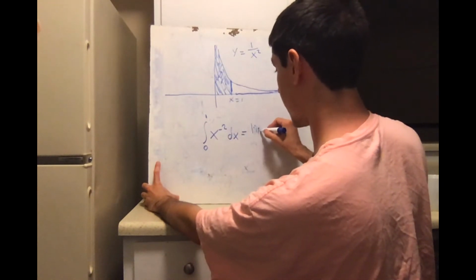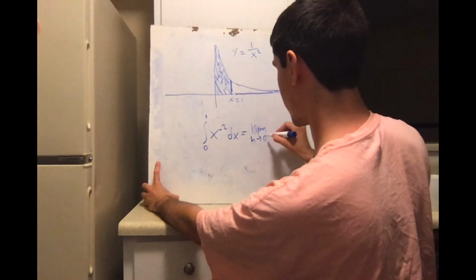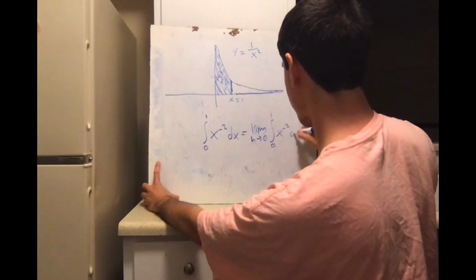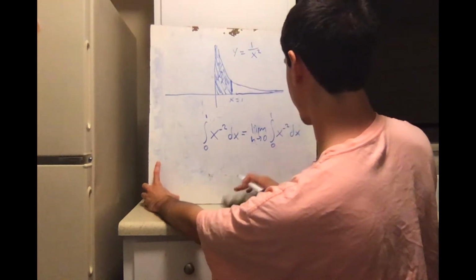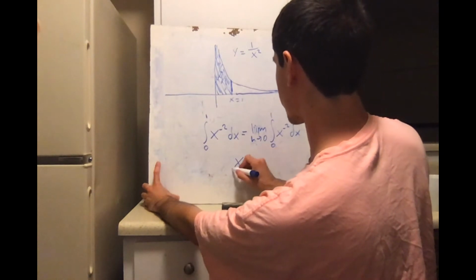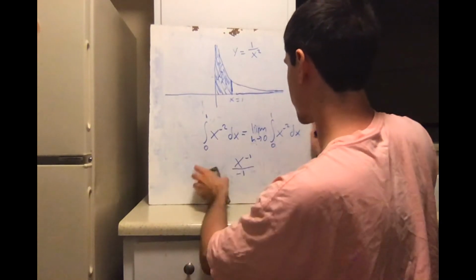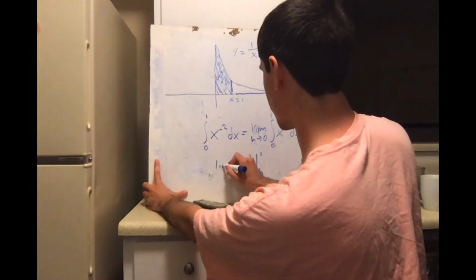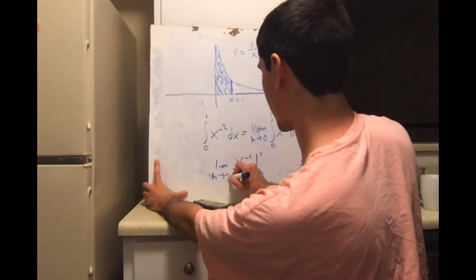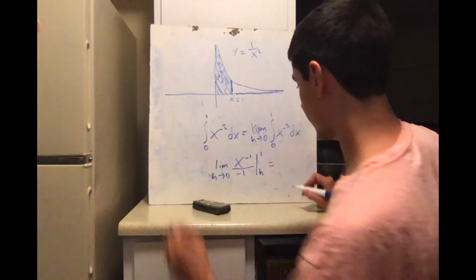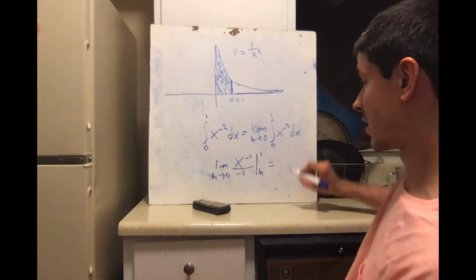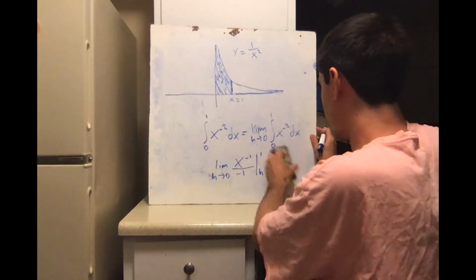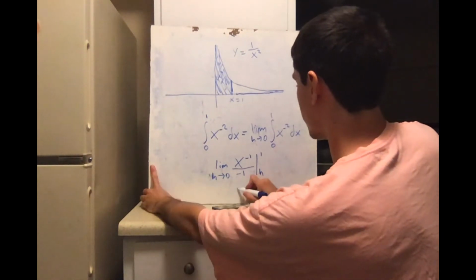This is going to be the limit as h approaches 0 of the integral from h to 1 of x to the minus 2 dx, and this is going to be, again, x to the minus 1 over minus 1, from h to 1. Sorry, I forgot the limit sign. I'll write it down here so we have more space.